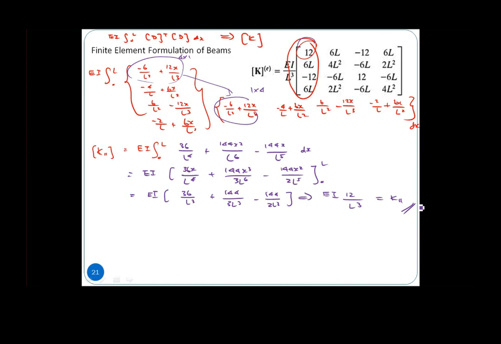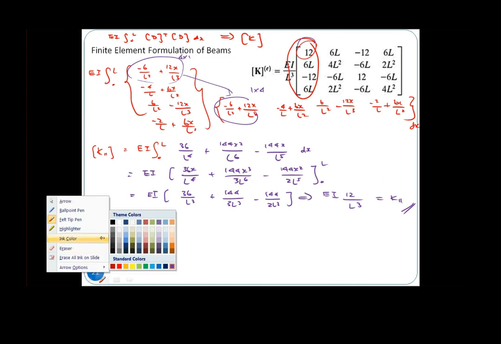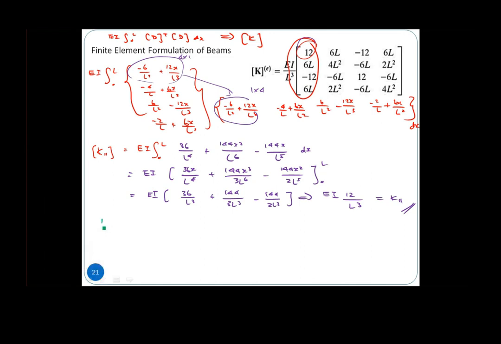So if I want to find my K12, okay, I use another color, green. K21, sorry, we are in the first column, so K21. It's referring to this 6L EI over L cubed.